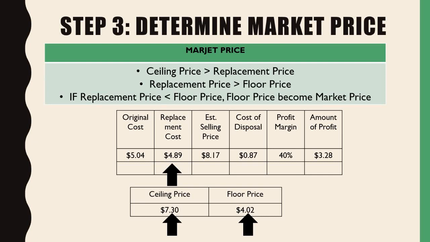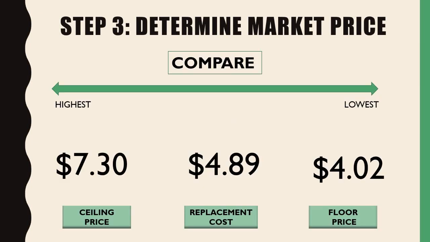So again, market, ceiling, and floor. And what do we do with it? You're going to put it on a number line and compare these as a way to measure which one is going to be selected. So you're going to put these values in numerical order, from highest to lowest or lowest to highest, however you want to treat it.